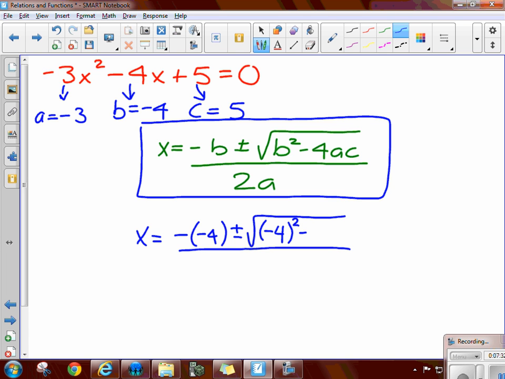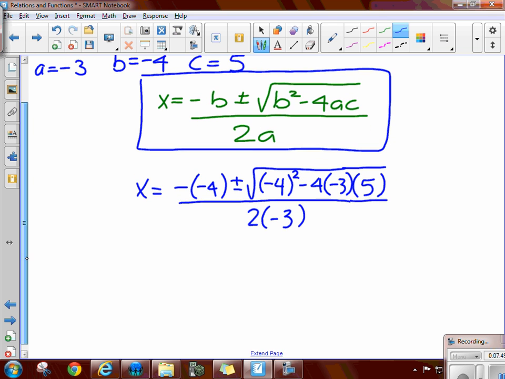Then we put in the other variables, minus 4 times a, which is negative 3, and then times c, which is a positive 5. So there's my numerator, the top of this. The denominator, or the bottom, is just 2 times a, which is 2 times negative 3. So we substitute it into the equation.